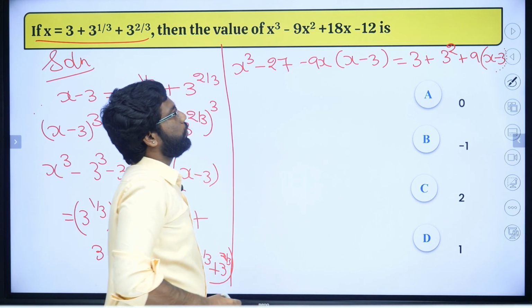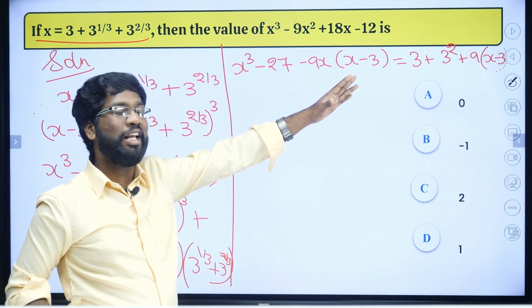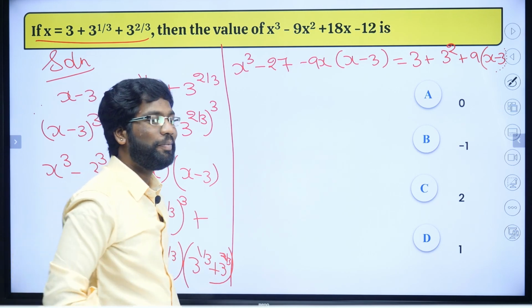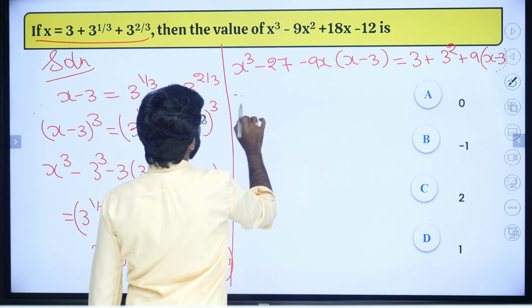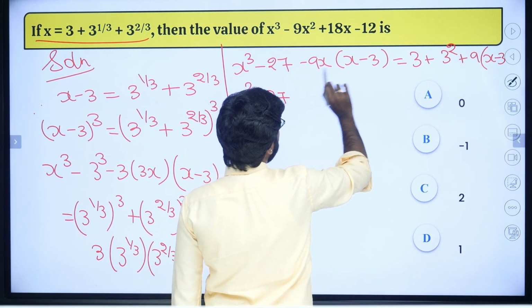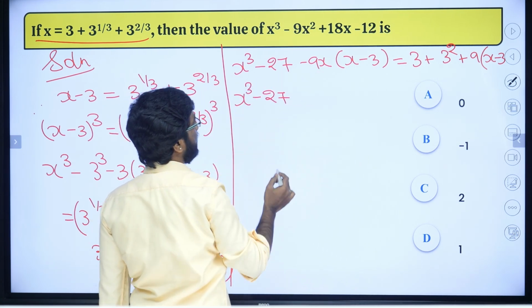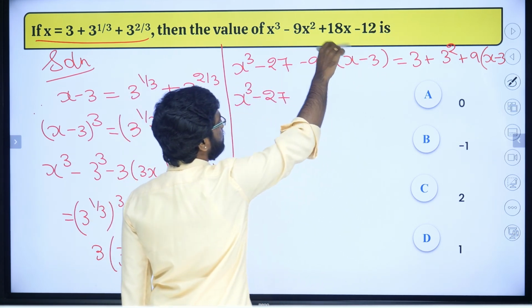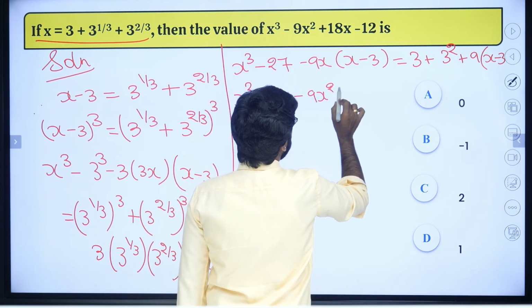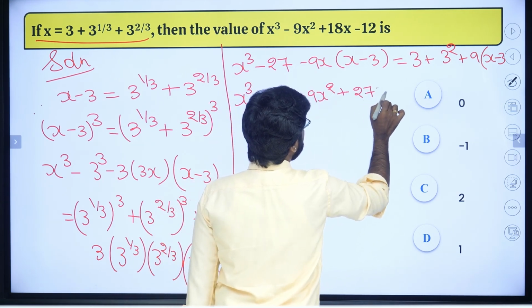Now what do we have to do? Now we have to simplify again, and if we gather everything to the single LHS side, then we will get the answer, my dear students. So x cube minus 27 minus 9x. If I multiply this minus 9x into this bracket, my dear students, I'll get minus 9x square plus 27x.